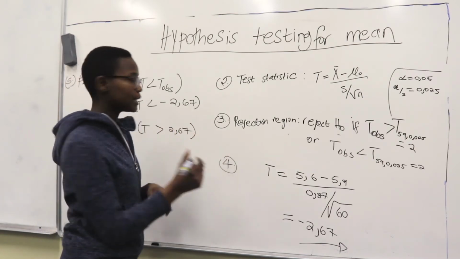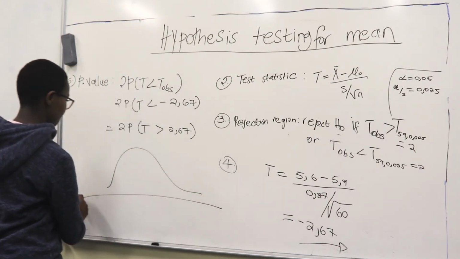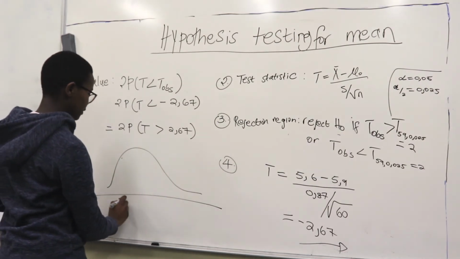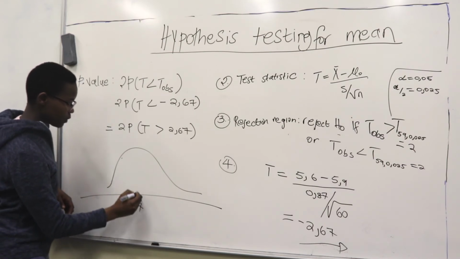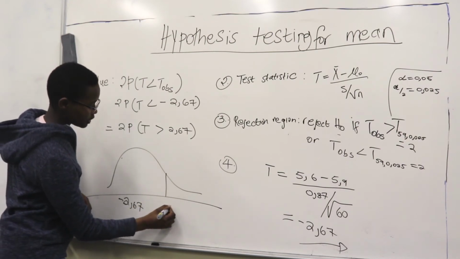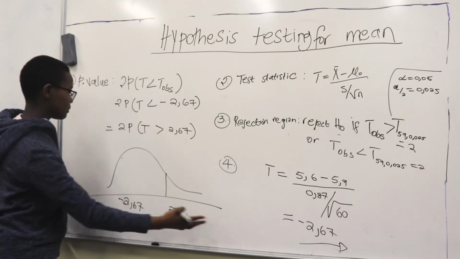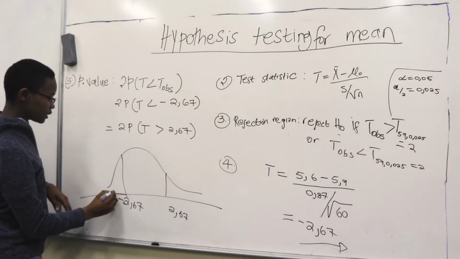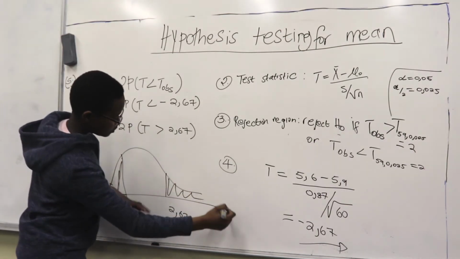You can also show it in the drawing. Since you found negative 2.67, which is on the negatives, it can also be on the positives, like a positive 2.67, and the area going this side is equal to the area going to that side.